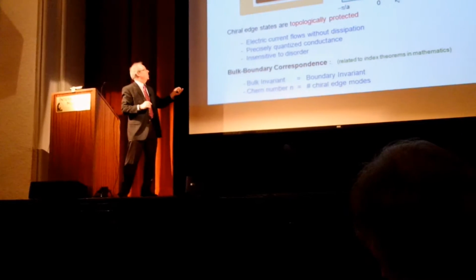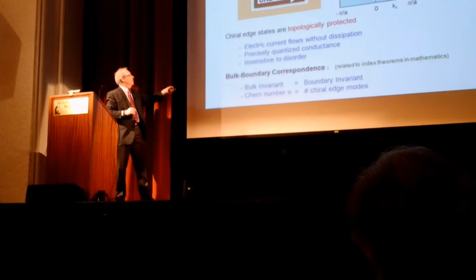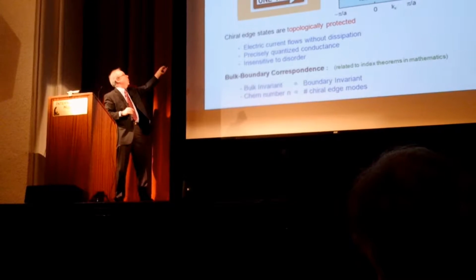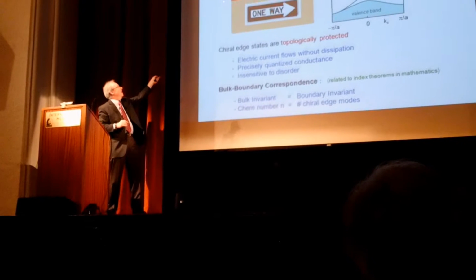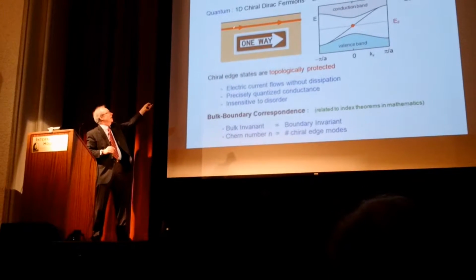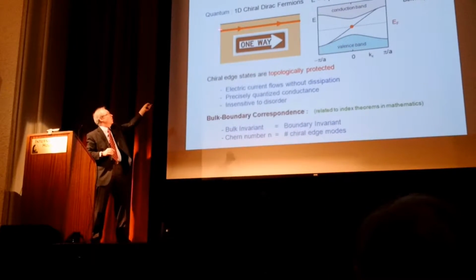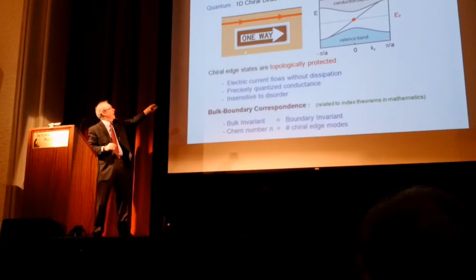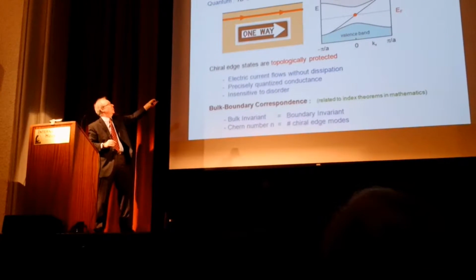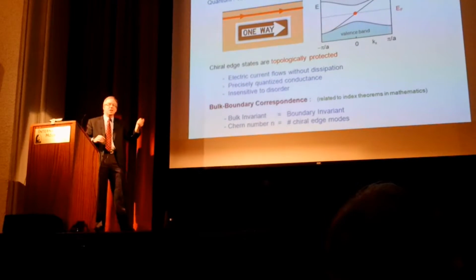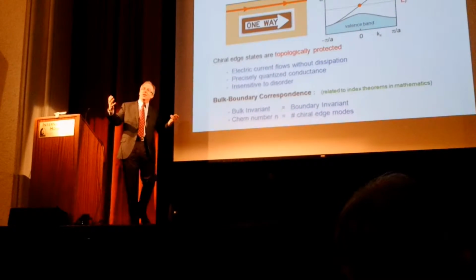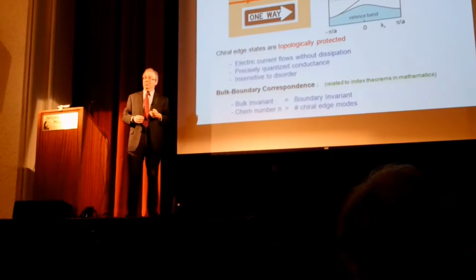This idea that you have this sort of one-way edge state on the boundary between two different topological states, I'd like to elevate to a principle.